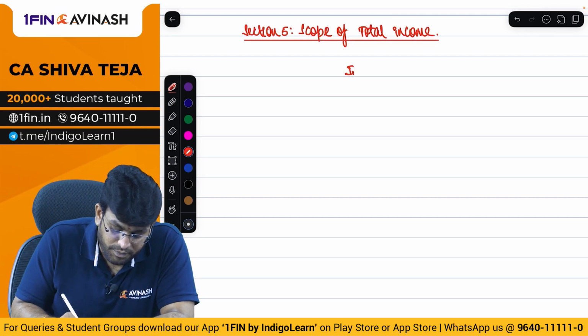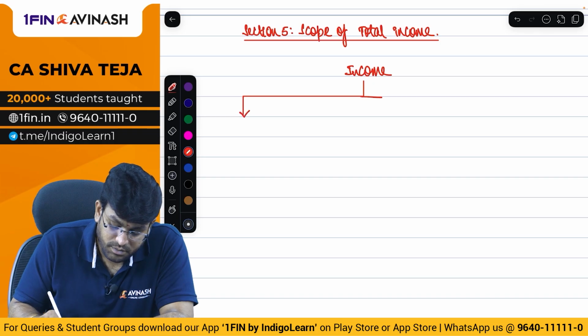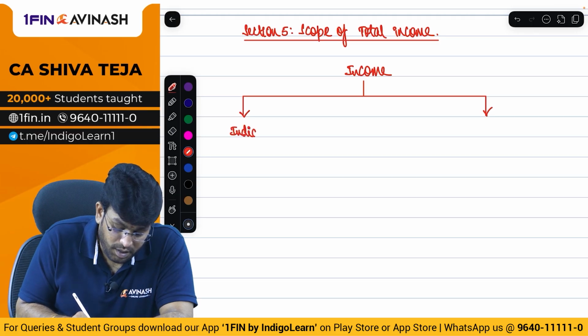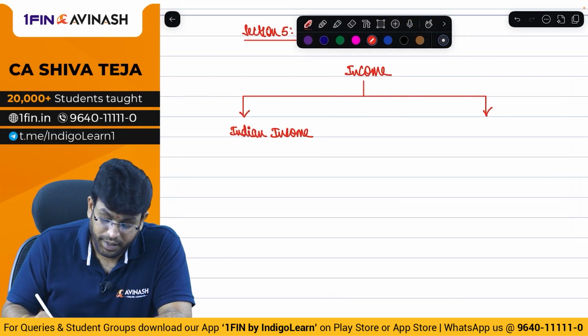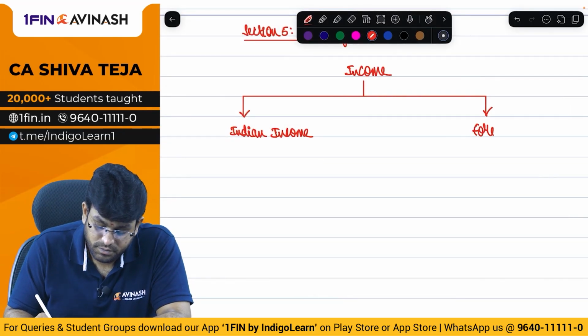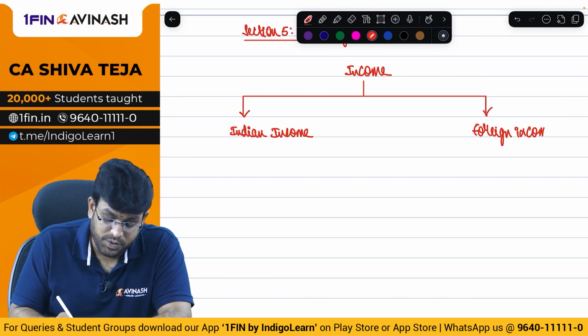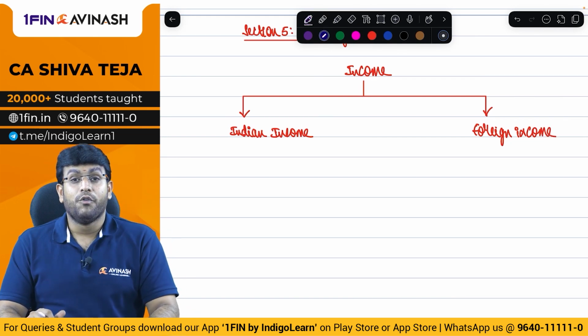Total income, which says generally income is divided into Indian income and foreign income. Come on, friends, what is the line I wrote? Generally, income is divided into Indian income and foreign income.